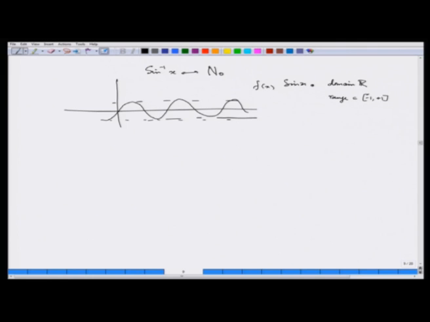Because you see, at this point the sin value is 0, at this point the sin value is 0, at this point the sin value is 0, at this point the sin value is 0. So, sin inverse 0 occurs at n pi. But when you write sin inverse 0, in many cases we just write it to be 0, meaning we are using one of the values of this set of numbers.